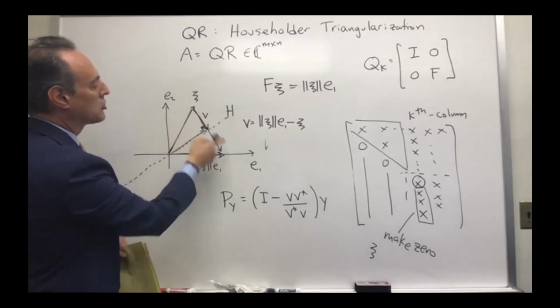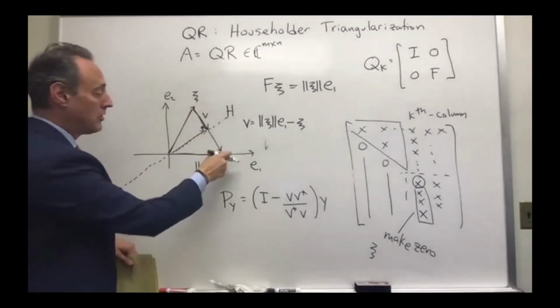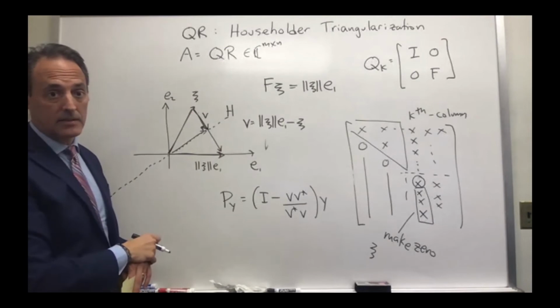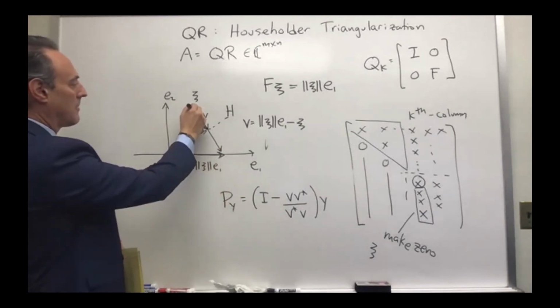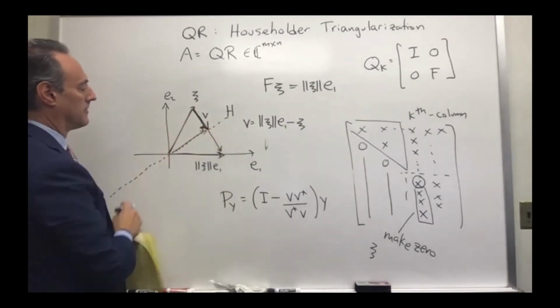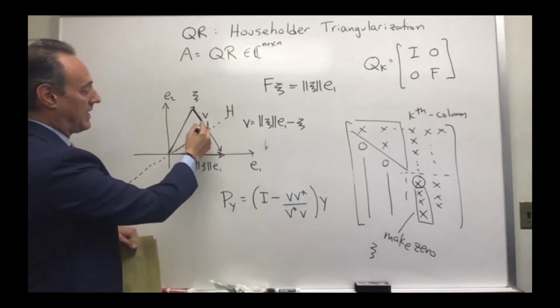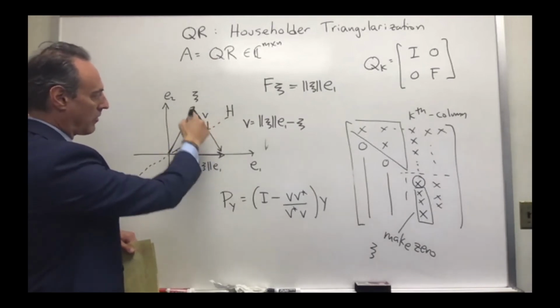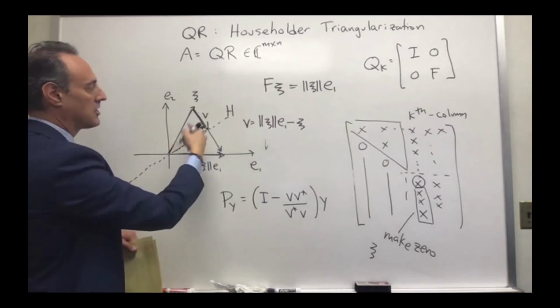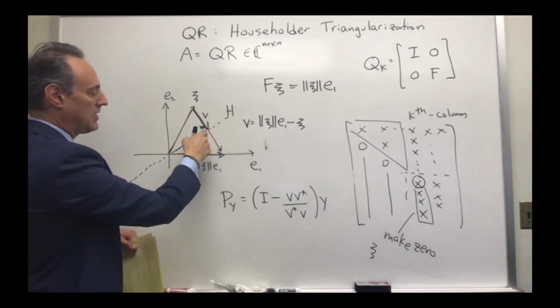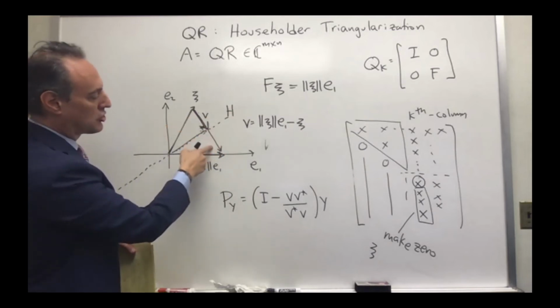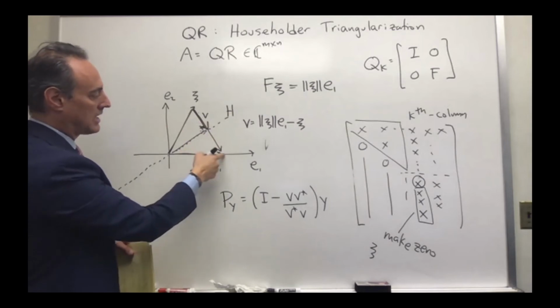I have to go twice that distance to get over to this axis. You see that? This projection is going to get me from here to here. And look how this is orthogonal, right? So this is an orthogonal projection onto this hyperplane. But I need to go that distance twice to get down to here.